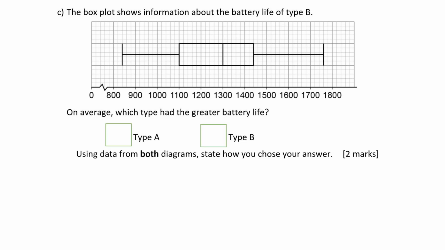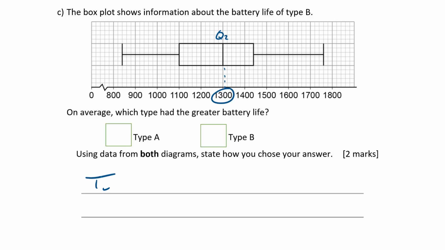So here the median is the Q2 value. It's the one in the middle of your box plot, and if you read down you can see that it's 1300. So type B has a median value of 1300. So let's compare that with the median value for type A then.